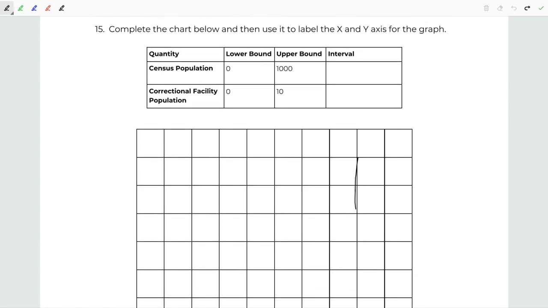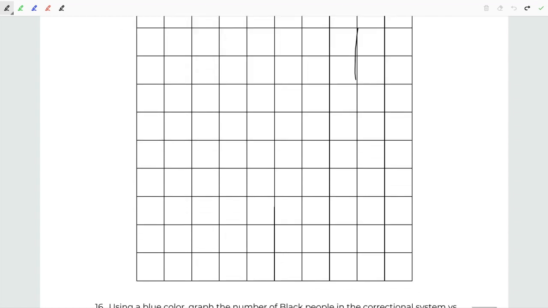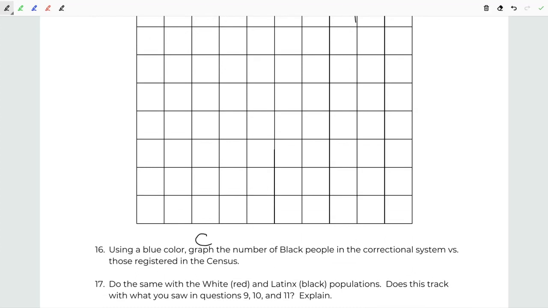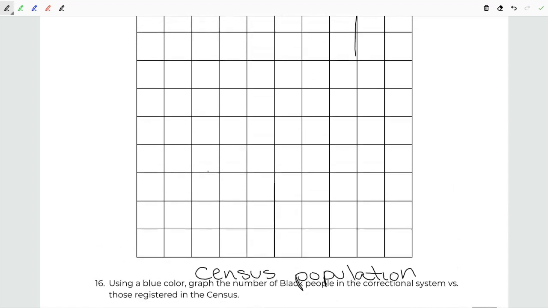The census population is going to be our X axis, so we're going to label that right now. Census population. Our correctional system population or correctional facility population is going to be our y-axis.